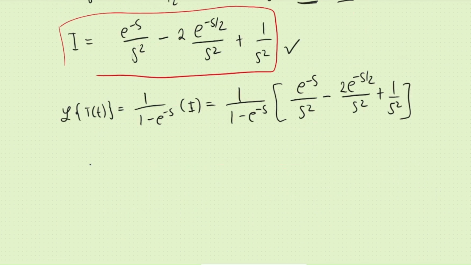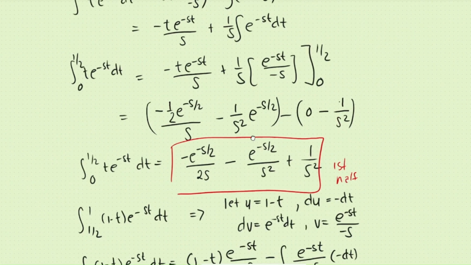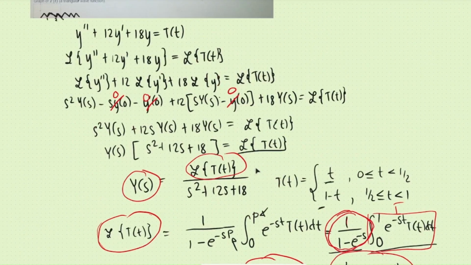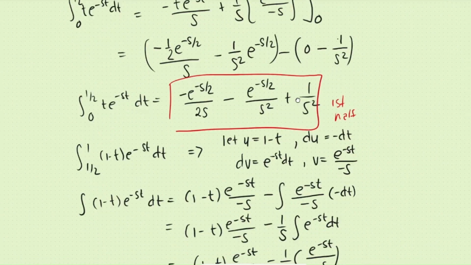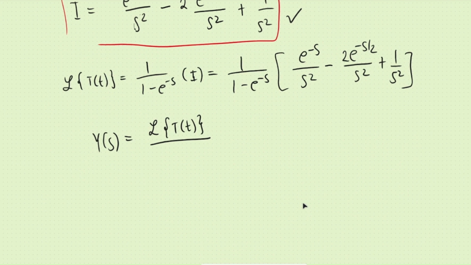So let's go back to our Y of s. Our Y of s is actually the Laplace of t over, what was that again? s² plus 12s plus 18.